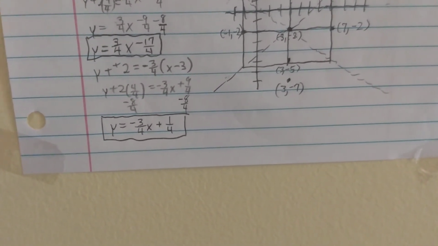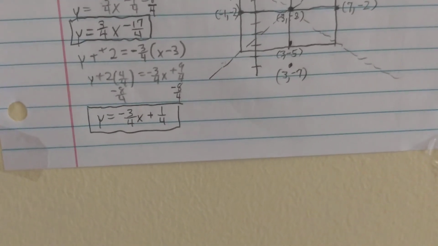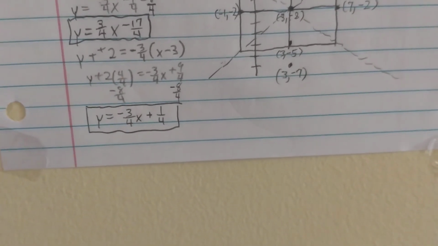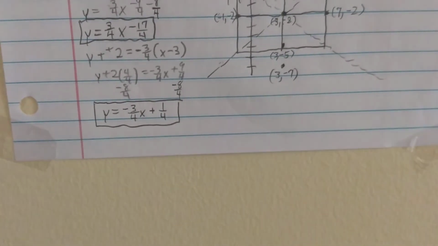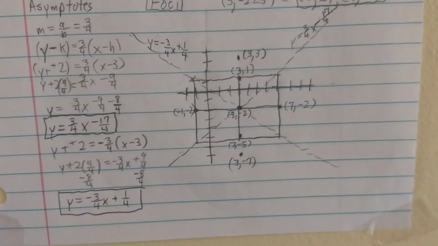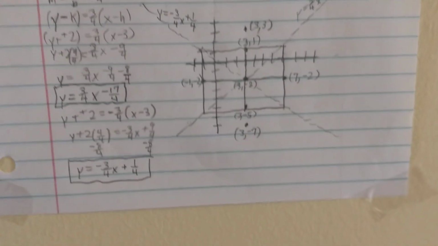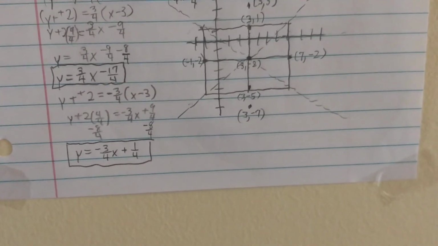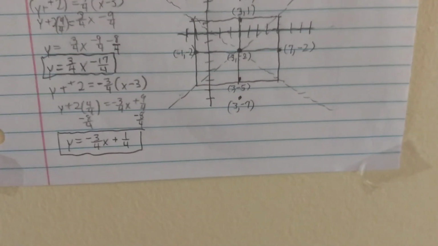So we're going to subtract 8 over 4 from negative 3/4 x plus 9/4. So we end up with negative 3/4 x plus 1/4, 9/4 minus 8/4. And so remember, the branches would be starting at 3, 1 and going up as a parabola shape, and starting at 3, negative 5, the other vertex, and opening down.